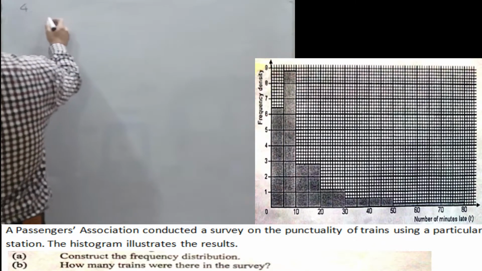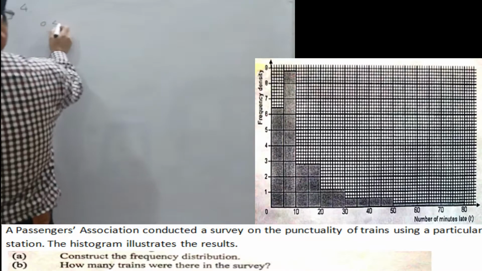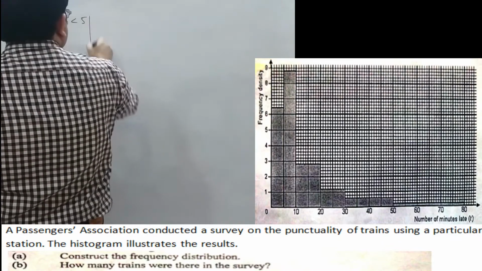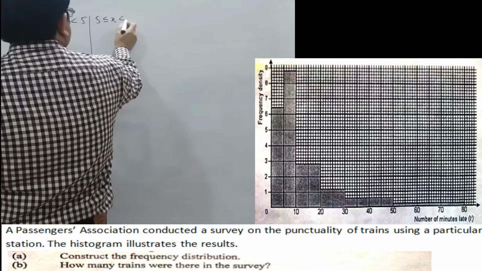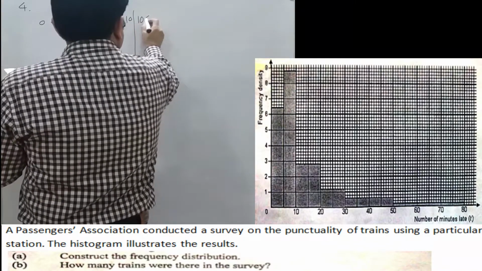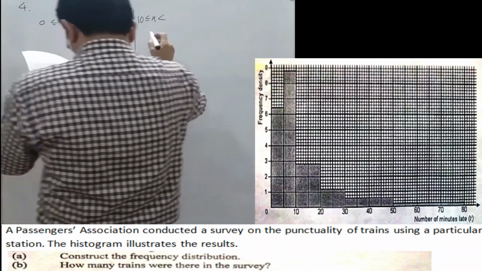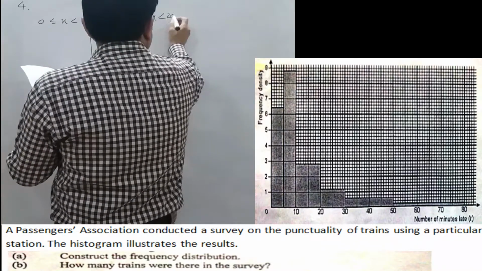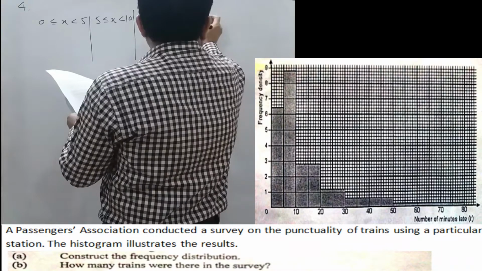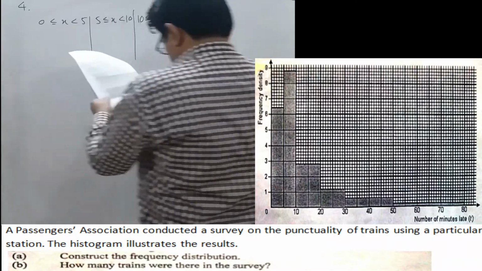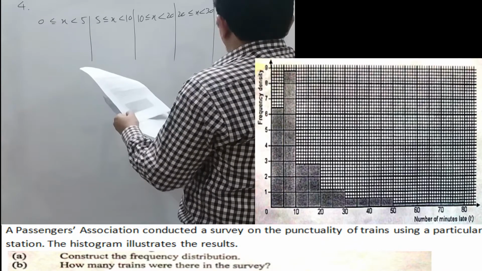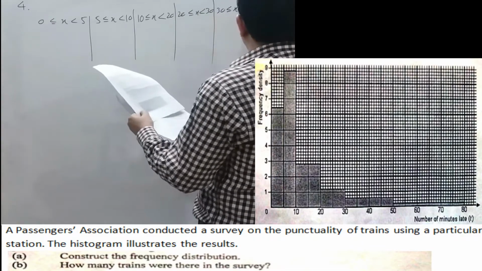See that your first rectangle is from 0 to 5. Second is from 5 to 10. Then we have from 10 to 20. Then we have 30. We have 50.